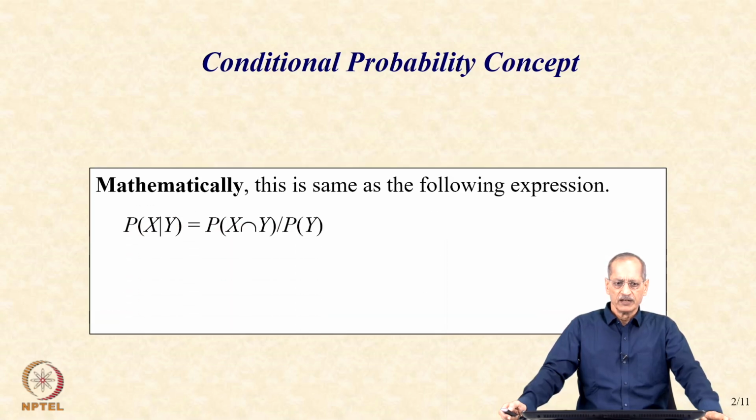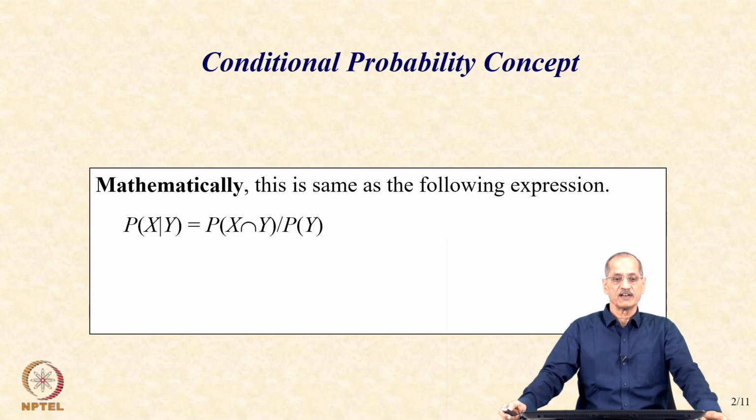Mathematically, this is nothing but the ratio of the intersection of these two events x intersection y, the probability of that intersection divided by the probability of y. So, it is equivalent of saying that per unit of probability of y, what is the probability that x will occur because y has occurred.